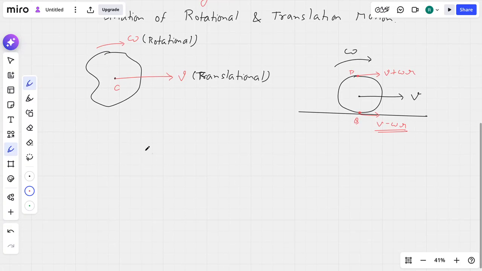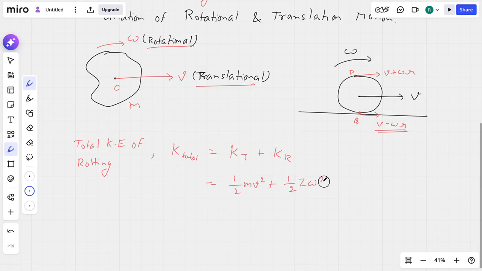After that, if we talk about the total kinetic energy of a rolling body, it is given by translational kinetic energy plus rotational kinetic energy, that is K translational plus K rotational. If the mass of this rigid body is m, which is moving with linear speed v, its translational kinetic energy will be half m v square, plus its rotational kinetic energy will be half I omega square.